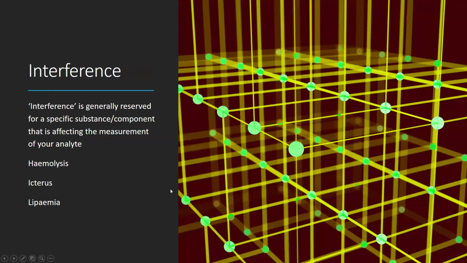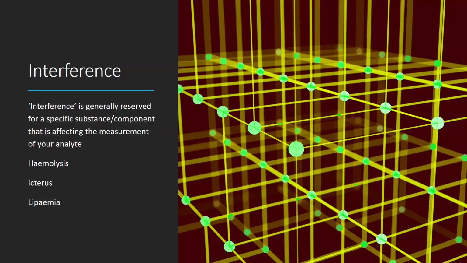Now, matrix effects produce interference in a measurement, but interference is generally reserved for specific substances or components that are present in the sample that can affect the measurement of the analyte. It might be helpful to think of matrix effects as the sum of all the small interferences that may also interact with each other, i.e. it's not just a sum of the parts. And a specific interference is when a singular molecule or compound or component exerts a significant effect on the measured result.